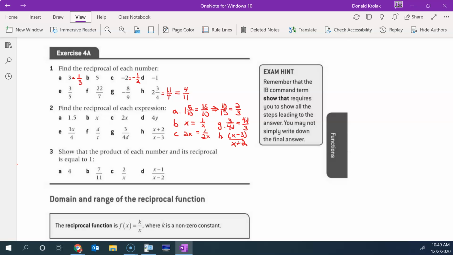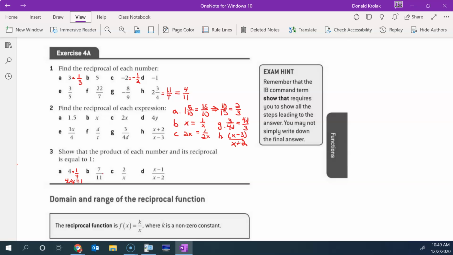That's just basically reciprocals. Okay, now when you take a number and you multiply it by its reciprocal, what happens? Yeah, if I did 4 times its reciprocal, I get 4/4, which is 1.